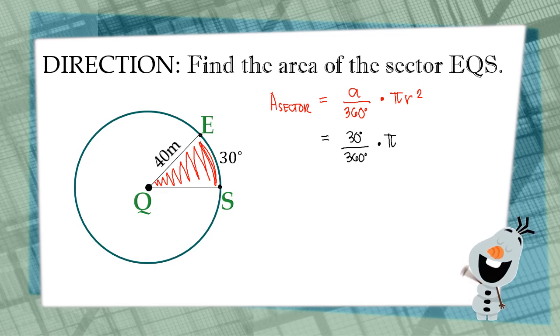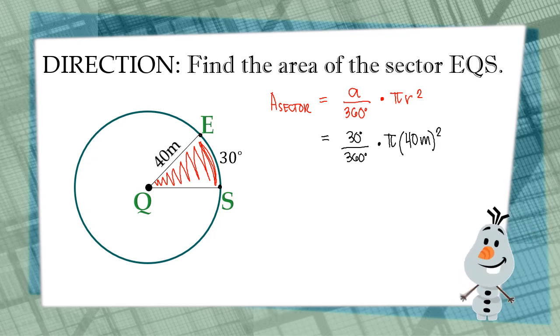I'm going to substitute the approximate value of pi later on instead. So I'd like to focus first on the radius. Given our radius, in our illustration the segment QA is 40 meters, and this is our radius. So substitute 40 meters, and don't forget the square.